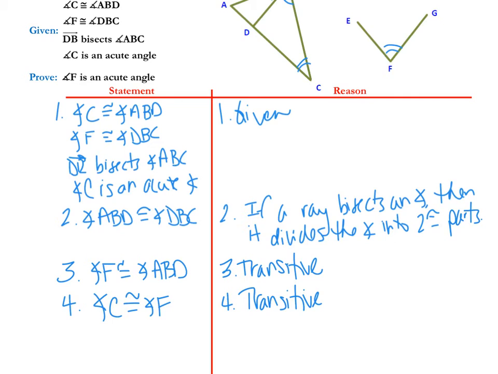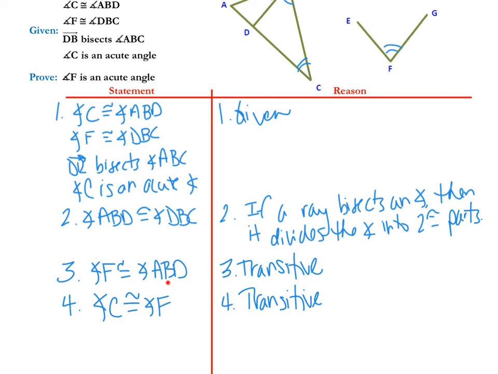Because angle F is congruent to angle ABD. Notice ABD is right here, and that's congruent to C. So make the connection. And actually, I didn't even have to do this step.